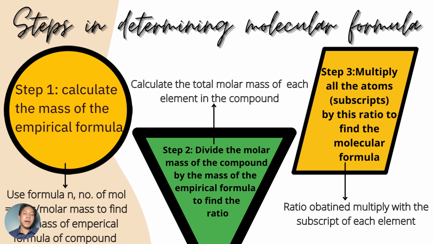And then you divide it by the mass of the empirical formula that you have calculated in step 1. Now step 3, multiply all the atoms' subscripts, right? Subscripts, which I have explained earlier in the video, by the ratio that you have got in step 2. Multiply the ratio obtained with the subscript of each element.